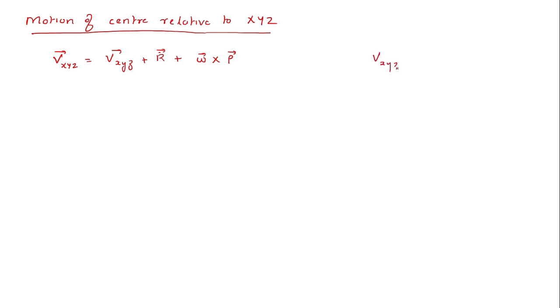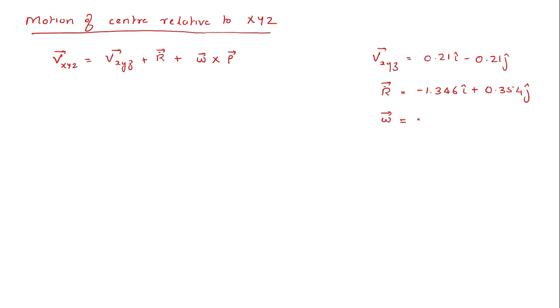V small xyz vector, we had obtained it as 0.21 I cap minus 0.21 J cap. R dot vector, we had obtained it as minus 1.346 I cap plus 0.354 J cap. And omega vector is actually the corresponding rotation of the secondary reference frame xy relative to the fixed reference frame.